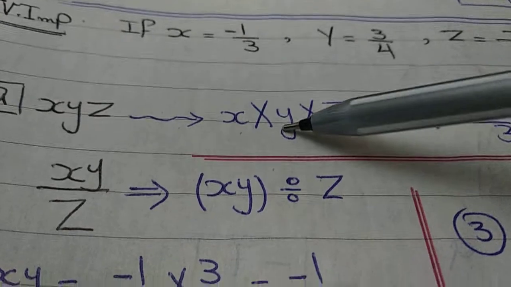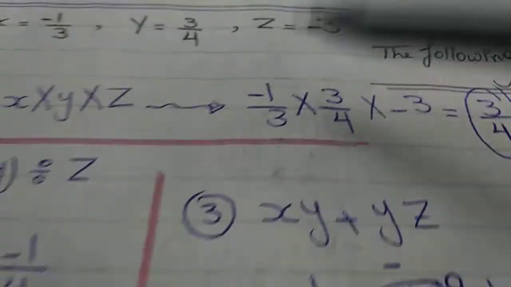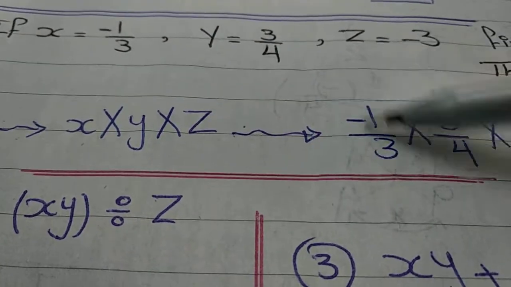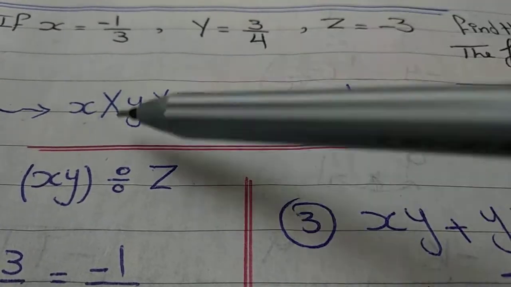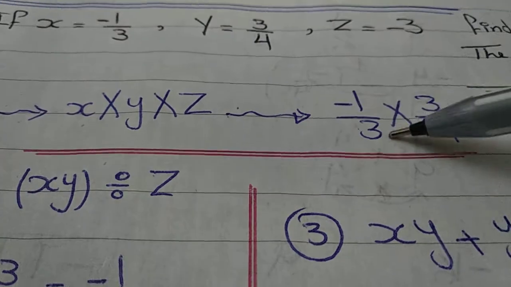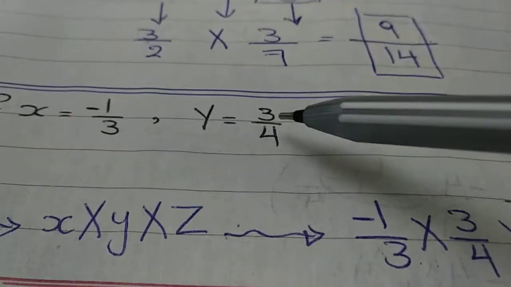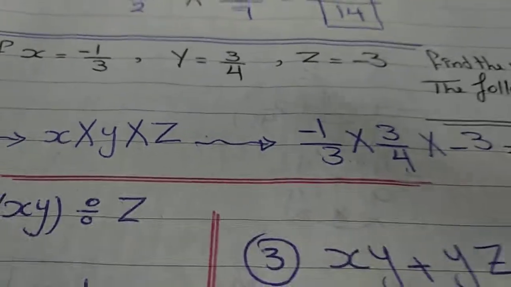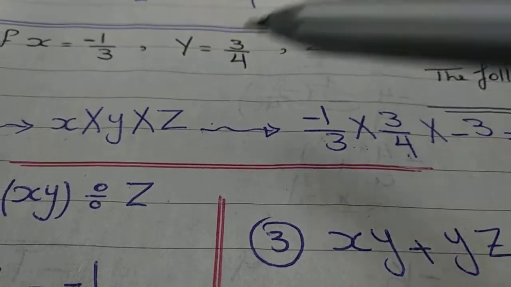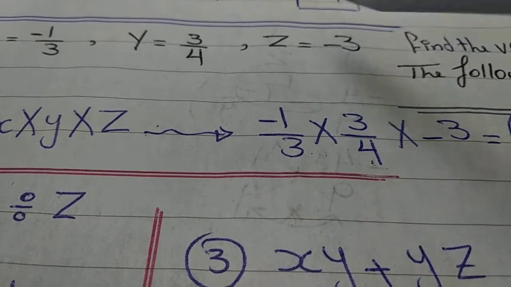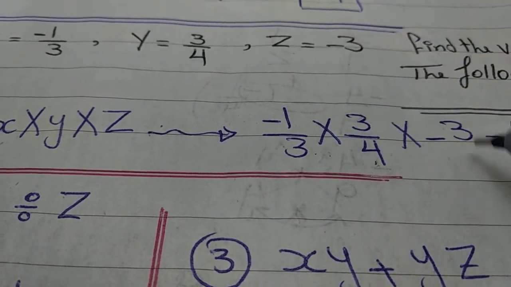So I will replace x with its value, negative 1 over 3, then times y, I will replace y with its value, 3 over 4, and then multiply by z. I will replace z with its value, negative 3.